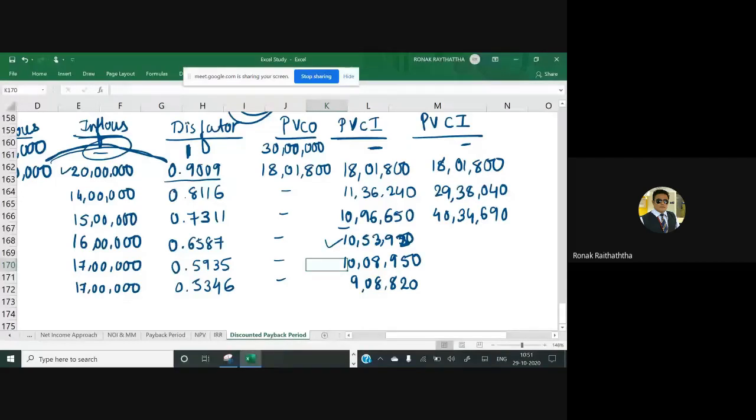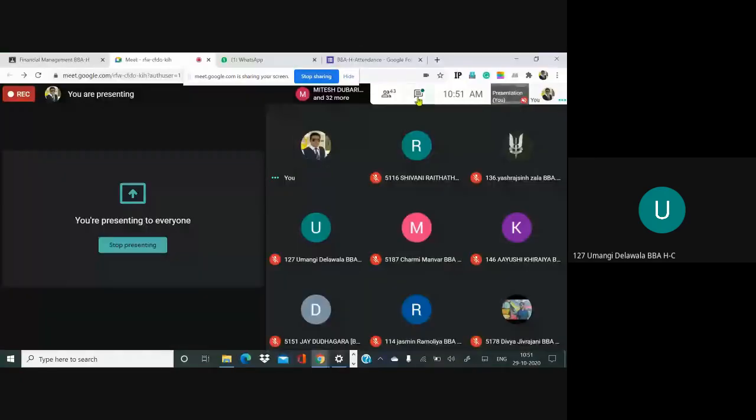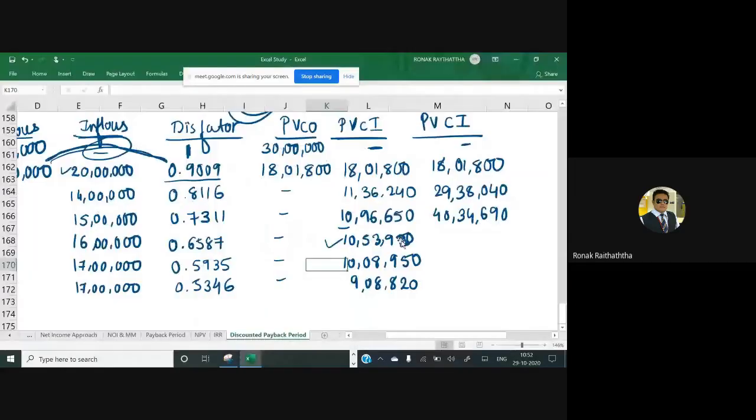May we have the answers? Add it. You will have to add this fourth one. What do we get? That is 1053,920. 50 lakh 88,610. Good. 88,610.